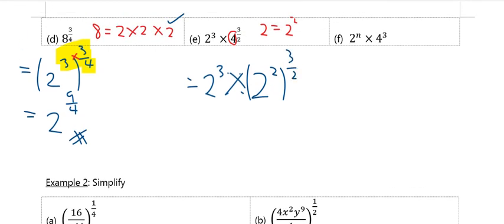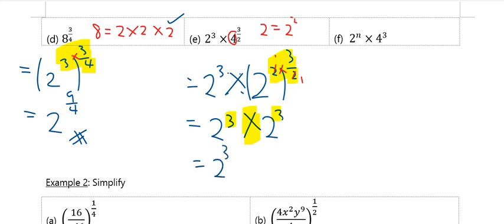Here you also apply the rule where the power meets the power, you multiply them together. So the 2 is cancelled, becomes 1. So here you have 2 power 3 times 2 power 3. Now this is basically the basic rule: you have to add the powers together. So your final answer will be 2 power 3 plus 3, so it becomes 2 power 6.